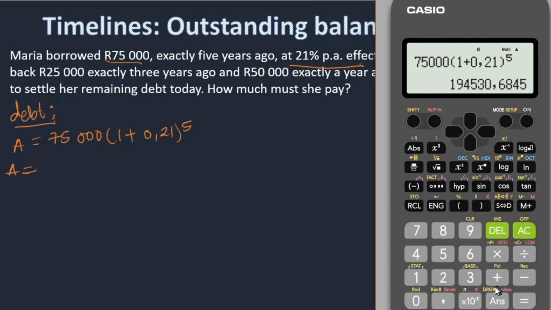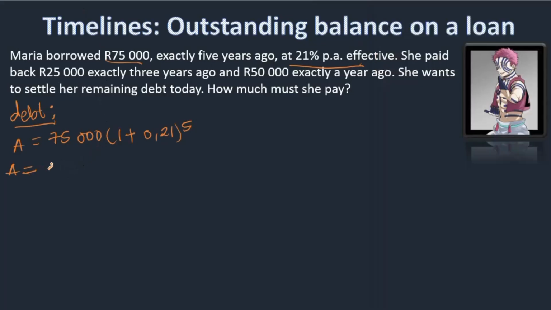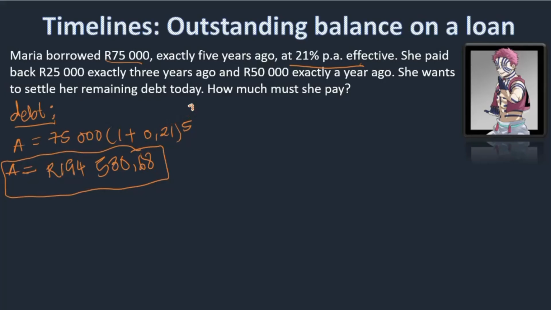This money is 194,530.68. Let's write it down. 194,530.68. This is the amount of money the loan has grown into currently. Right? For the past 5 years, this is what the loan grew into.